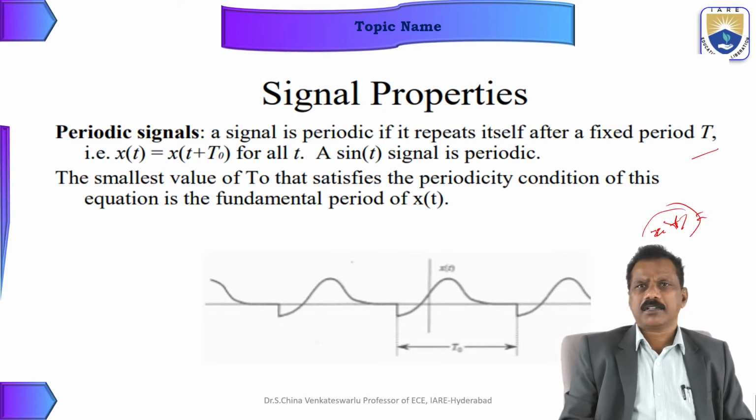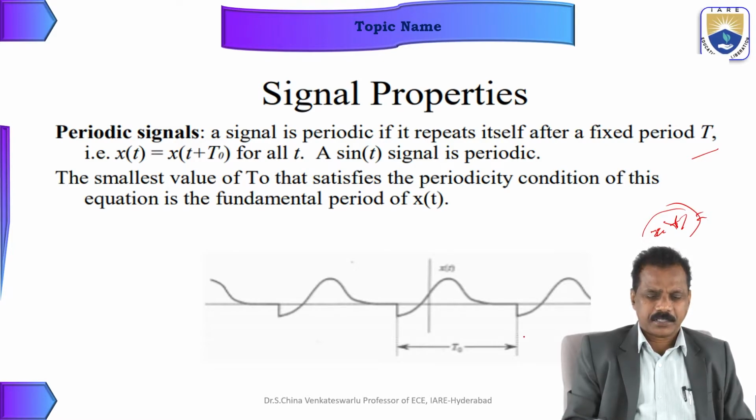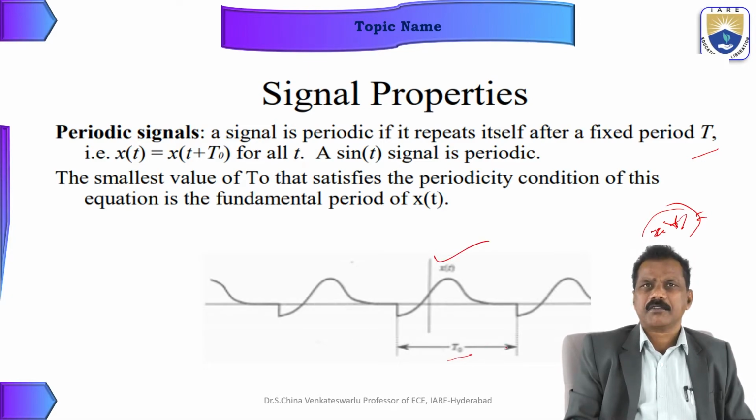Graphically, we plot t versus x of t to observe this, where T naught is the smallest value that satisfies the periodicity condition x of t equals x of t plus capital T naught for all t.